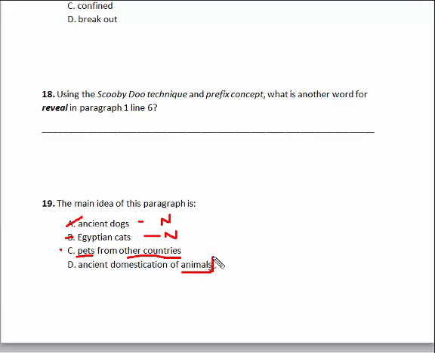A cat and a dog are both animals. That's Scooby-Doo. Domestication, that's a key word. Keeping them, attachment. And ancient, we talked about the timeline, remember? Old school, all that stuff about ancient Egypt. D is the better answer choice here for problem number 19.